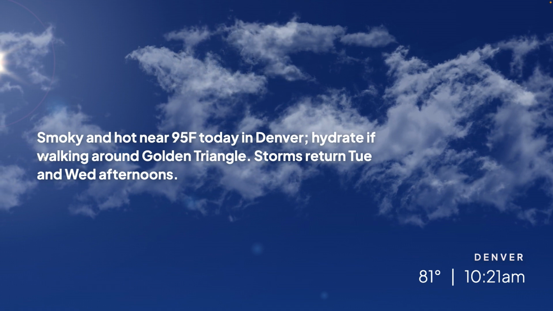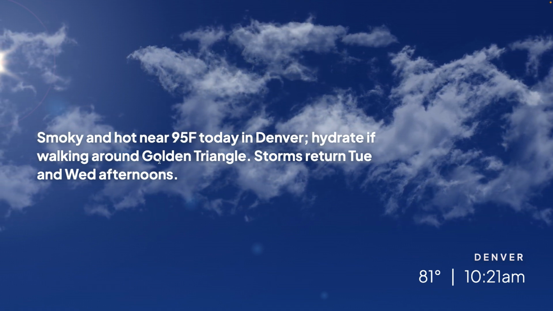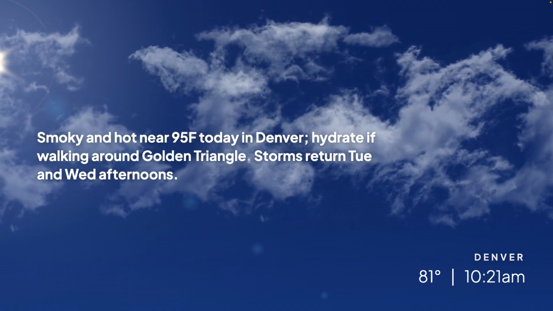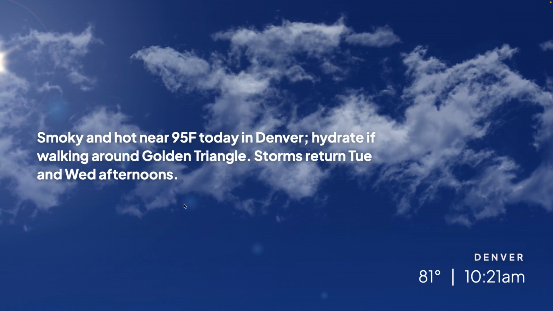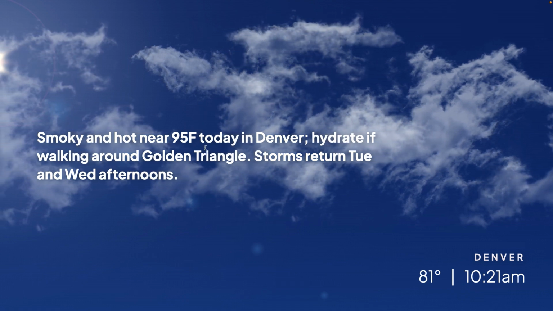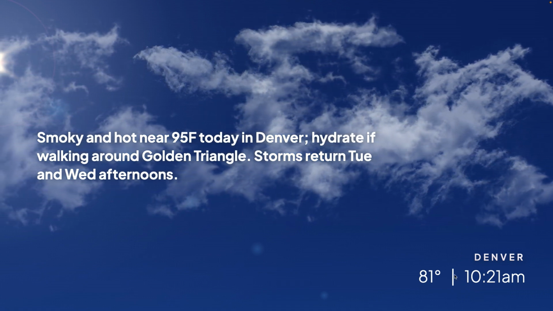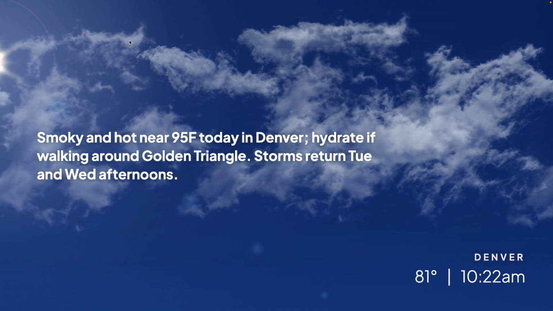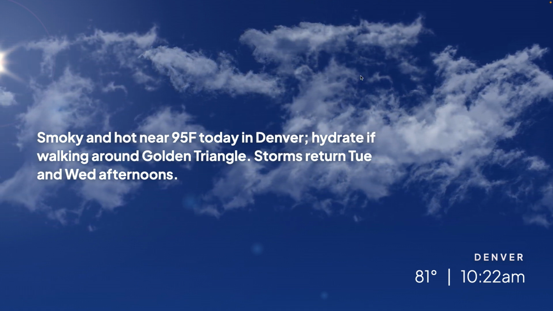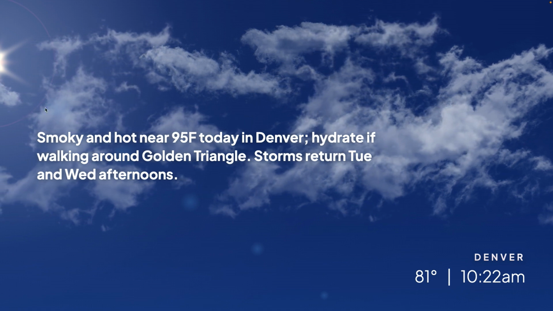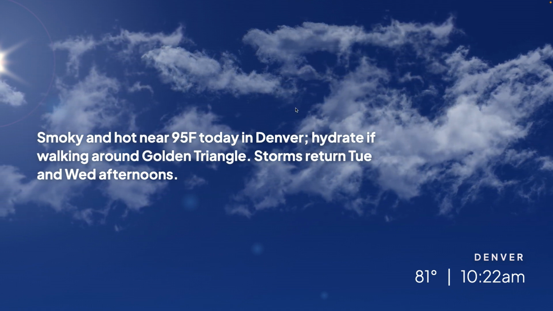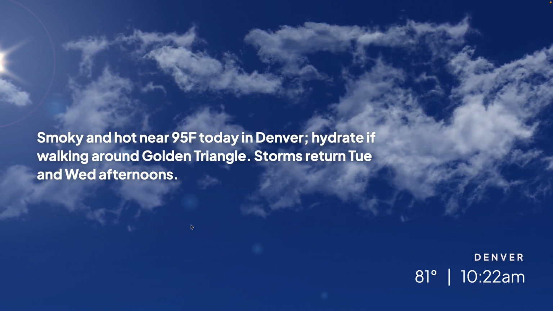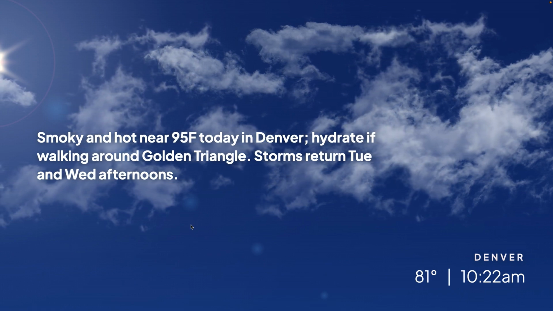It suggests hydrating if you're walking around a certain landmark. Talks about storms coming up. So it's a nice professional summary. At the bottom, we can see the current temperature and time. And then we also can see behind it, it's got a rendition of the current conditions as if you were looking out the window in Denver, Colorado right now.